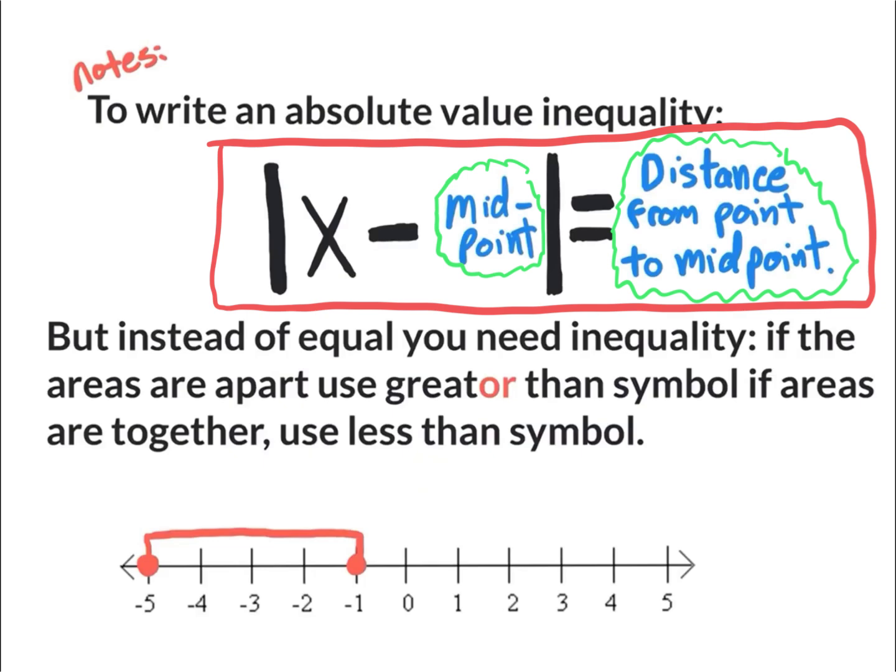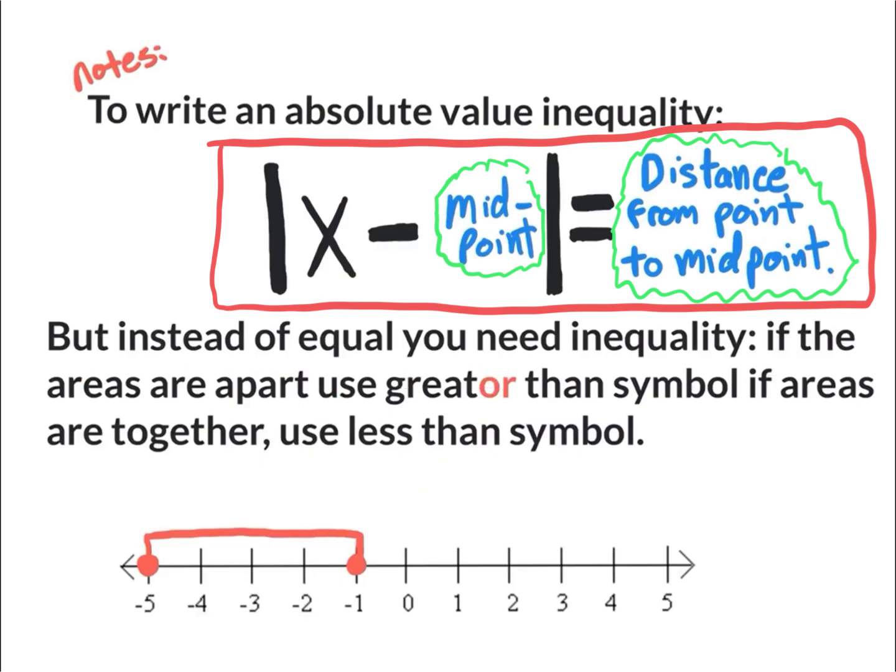Now, the thing is, when we're talking about an area, it's not just the equal sign, it's an inequality. And we're going to fall back on prior knowledge to help us remember this. Instead of an equal sign, you need an inequality. If the areas are apart, that means that it's going to the left or to the right. So you should think of the word or if the areas are apart, okay? So if the areas are apart, use greater.